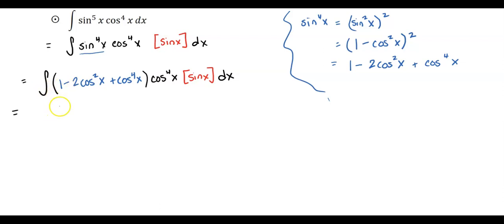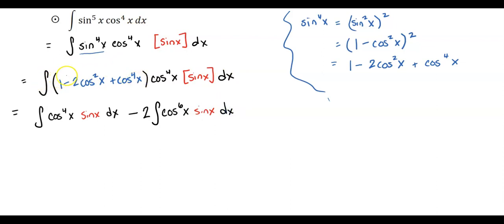So for the first term, I'm going to have 1 times cosine to the fourth of x times sine of x dx. So that becomes cosine to the fourth of x, and then we've got our special sine of x dx. I'm going to have minus, let's put the 2 on the outside, times the integral of cosine squared times cosine to the fourth, which gives me cosine to the sixth of x, all times sine of x dx.